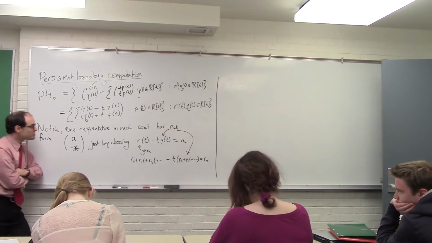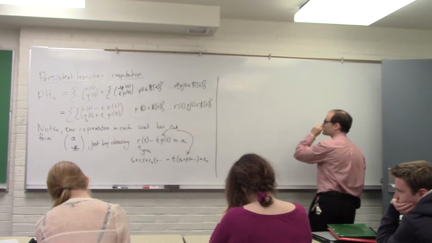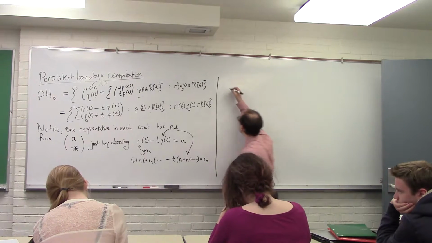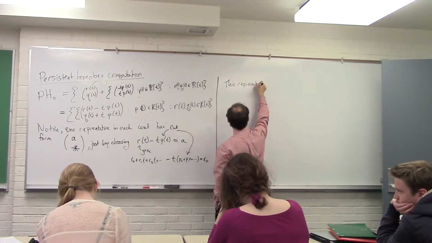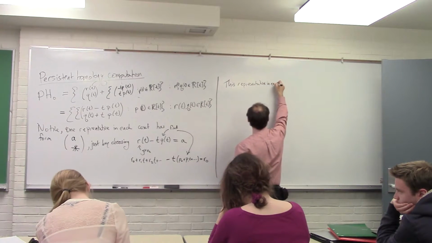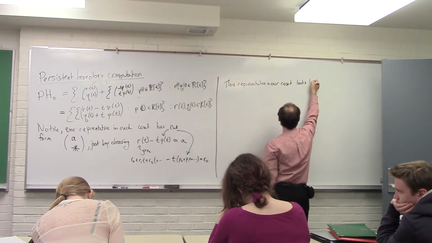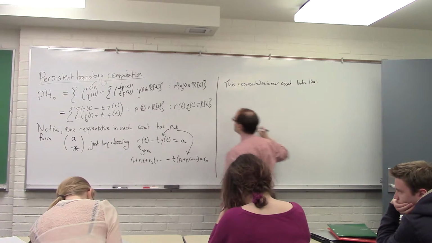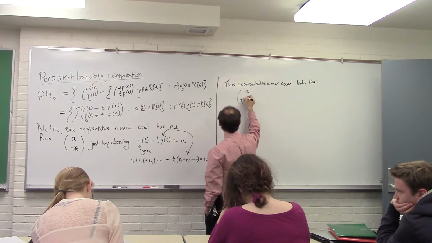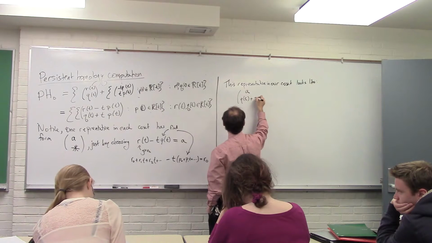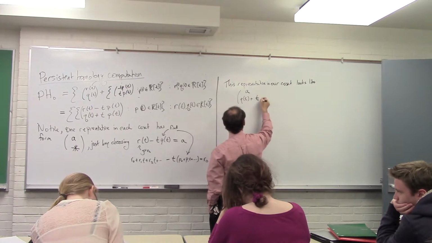Okay, so thus far, if we take a look at that particular representative in our coset, it looks like the following. It looks like A, and then we've got Q of t plus T, P of t.